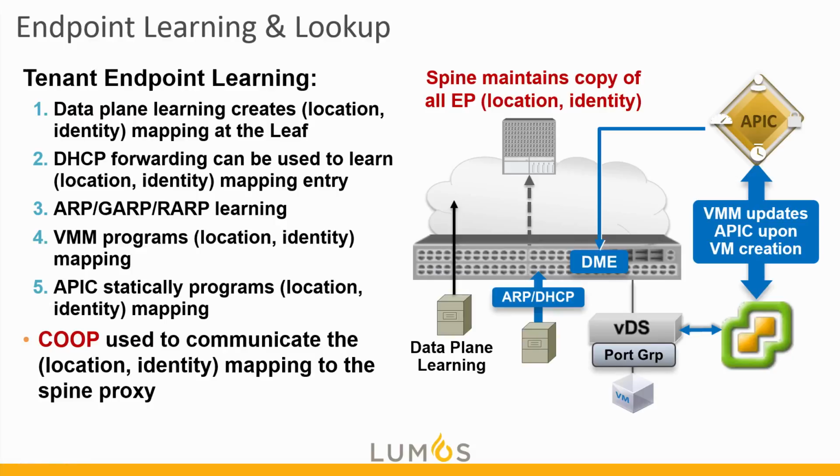And then the APIC can match that up with the data management engine on the leaf switch, and it can learn of location in that direction. We're going to talk a lot more about VMM a little bit later, so we'll save that for another module.